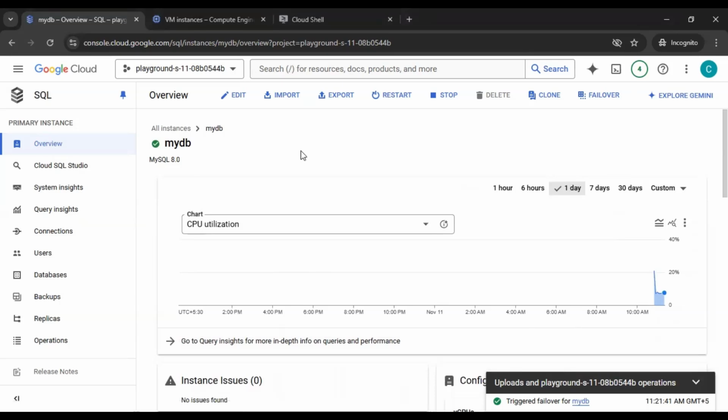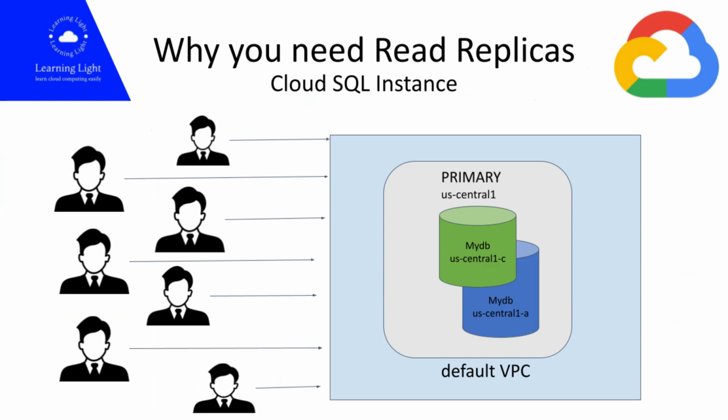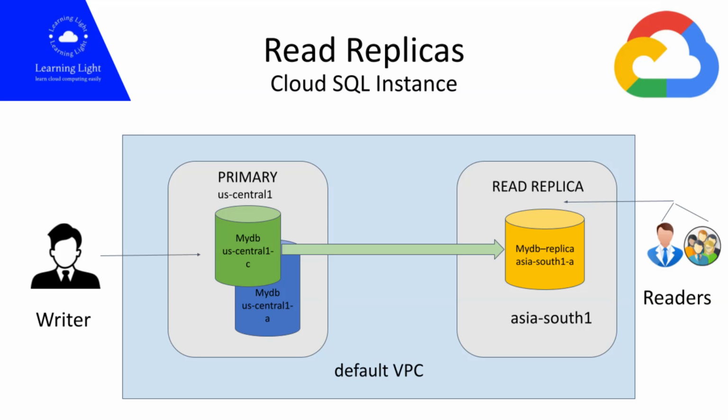Now, what exactly is a replica? If you have hundreds of connections bombarding your database and you are not able to horizontally scale your database to withstand the connections, you have one option: to create replicas. These replicas are actually read replicas.